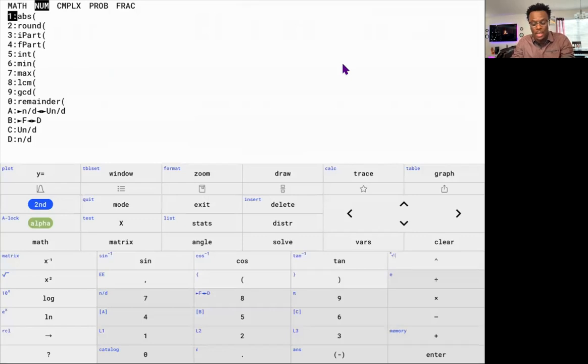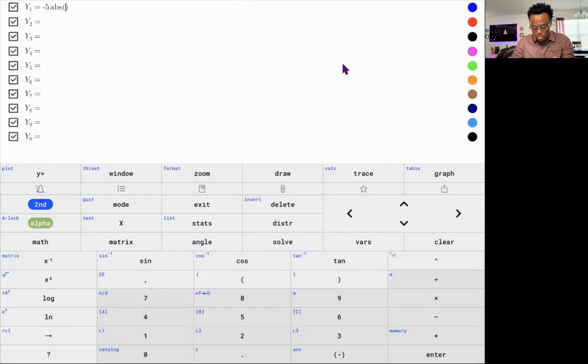Since it's option 1, I can push the enter button, or I can touch 1 on my calculator. That will select option 1 on this list. We had two options: we could hit the 1 button or the enter. I hit the enter button, and it will give you the same result if you hit the 1 button.